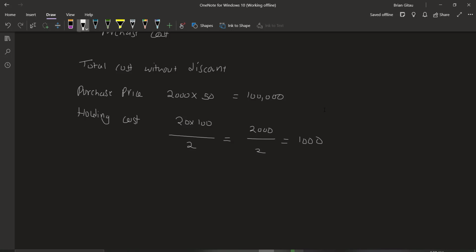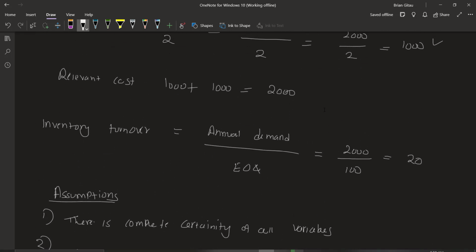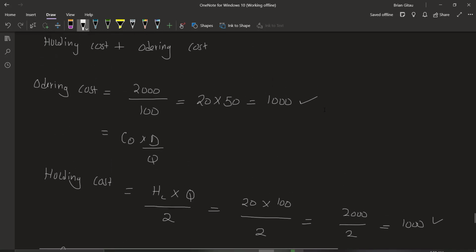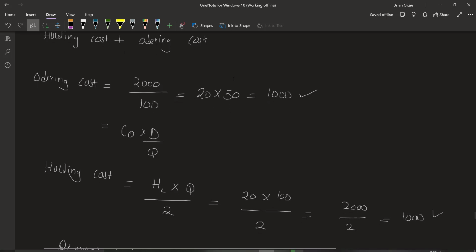And then we have the ordering cost. We had also calculated the same here. Throughout the year we have 2,000 units, and if we purchase 100 units every time, we get 20 orders times 50.